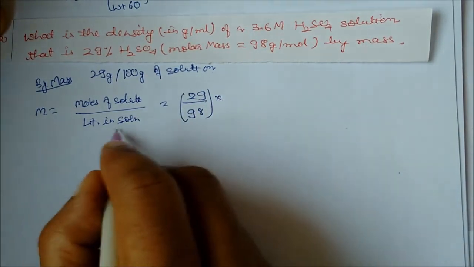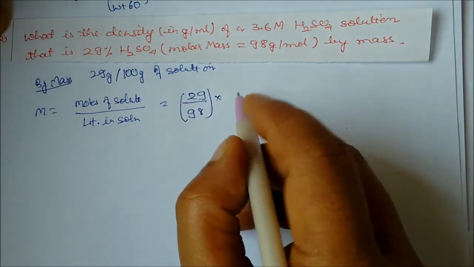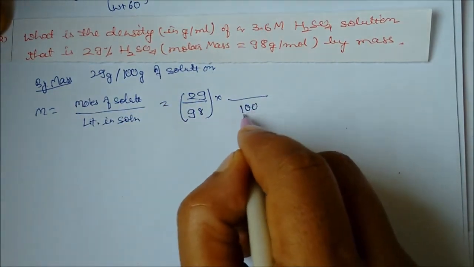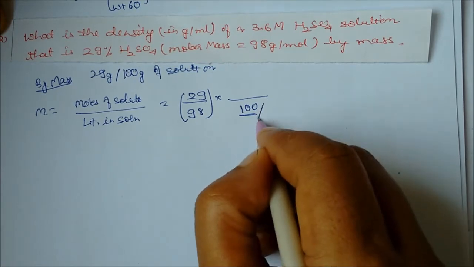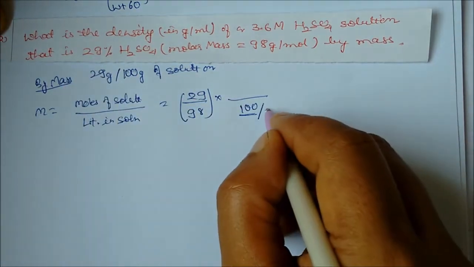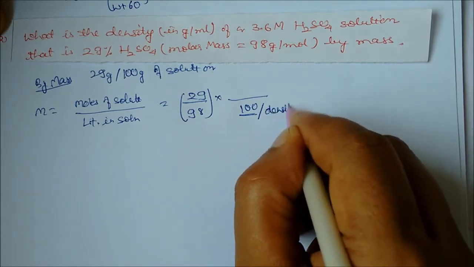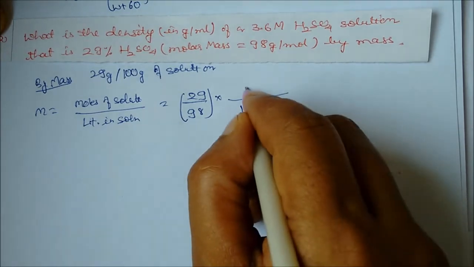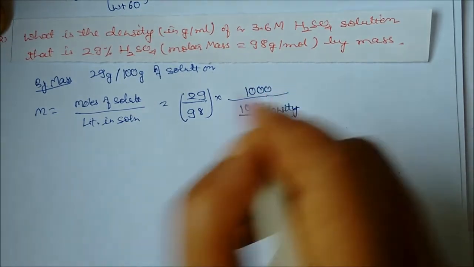Then for liters of solution, volume is not given, but the mass of the solution is given. The mass of the solution is 100 grams, divided by density. Density they are asking for, so right here density. Mass by density becomes volume, and then multiply by 1000 in the numerator.